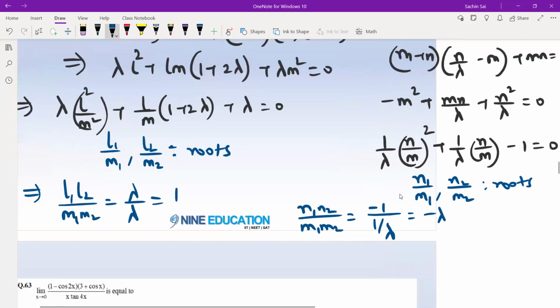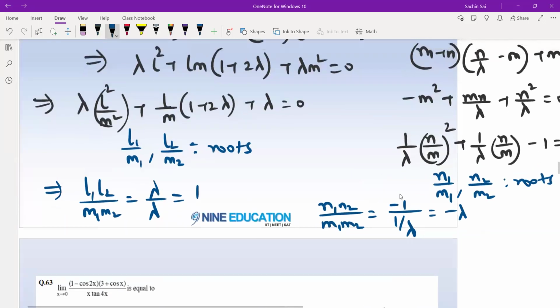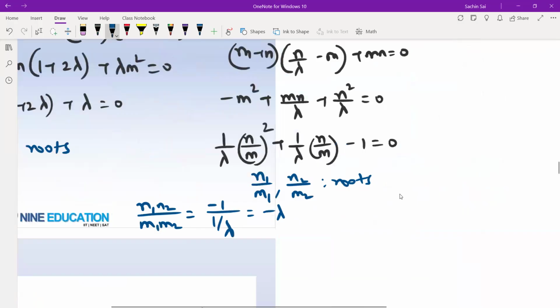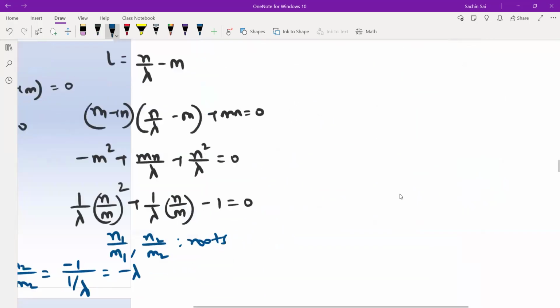Now we get to the final part of this question. The reason we are finding l1 l2 by m1 m2 and n1 n2 by m1 m2 is this: if you have the direction cosines of two perpendicular lines, what is the condition for the two lines to be perpendicular? It is l1 l2 plus m1 m2 plus n1 n2 equals 0.